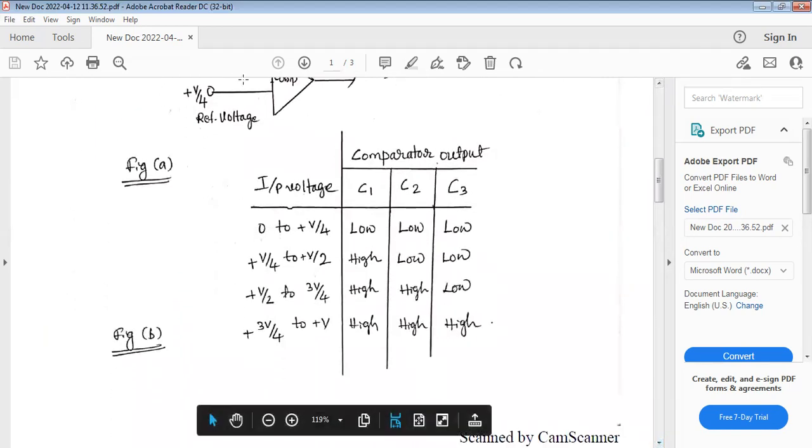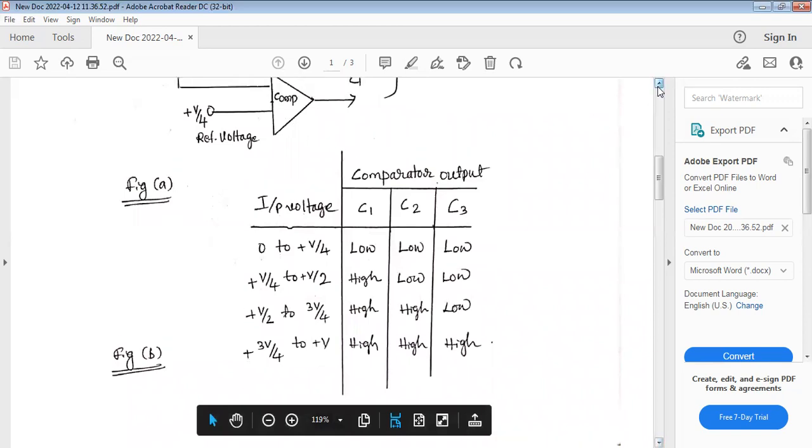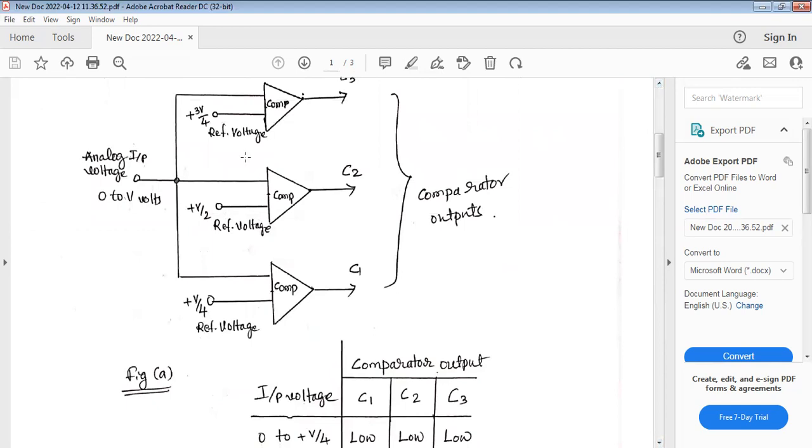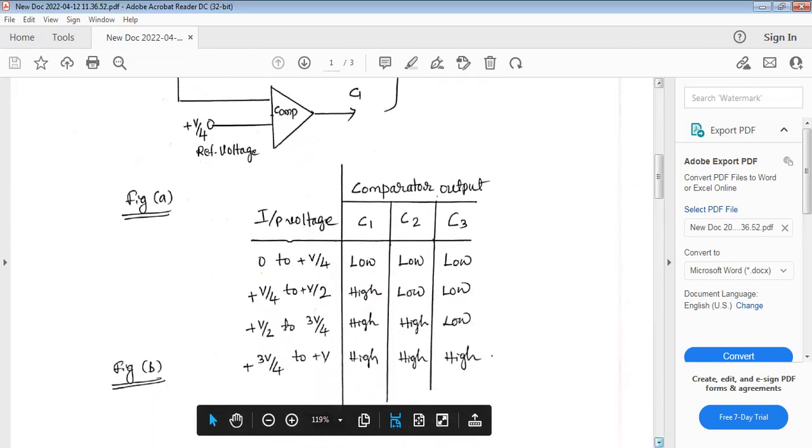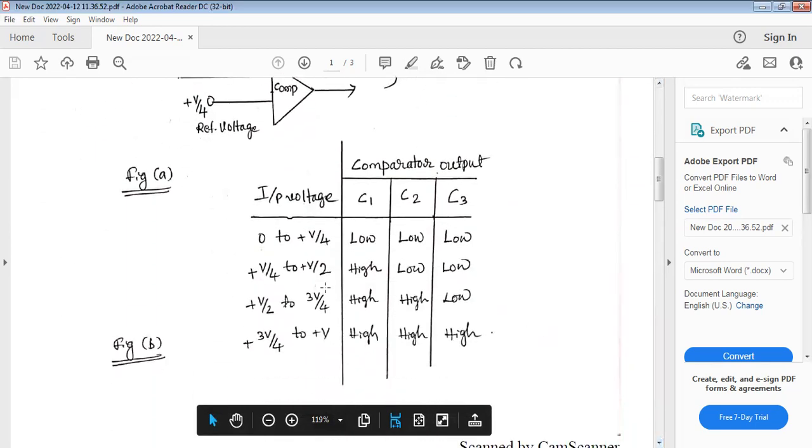In figure A, I have shown the comparator connections, and in figure B, I am giving a table of the comparator outputs.